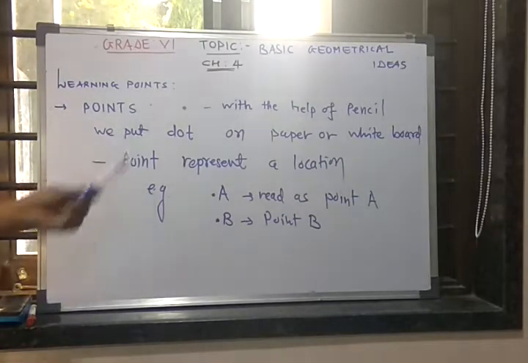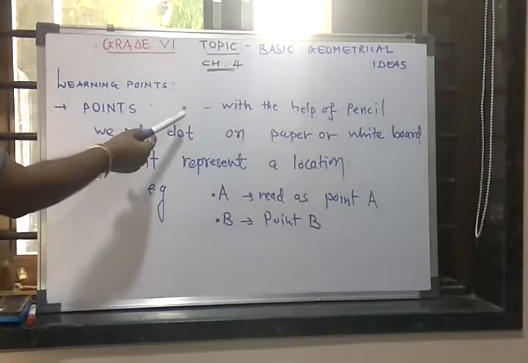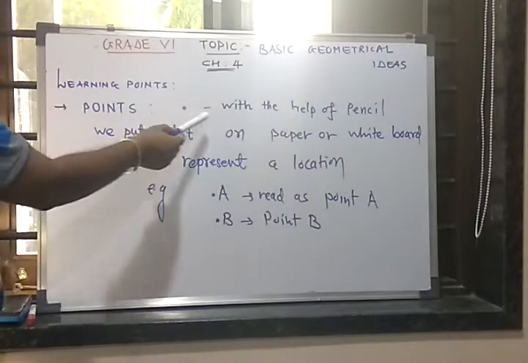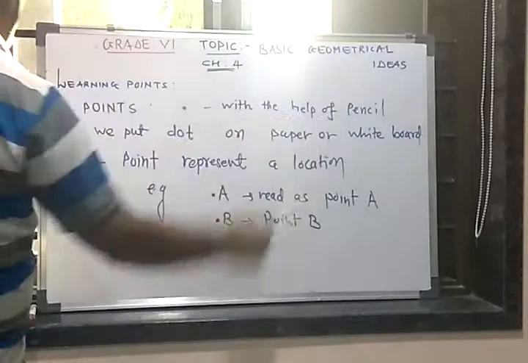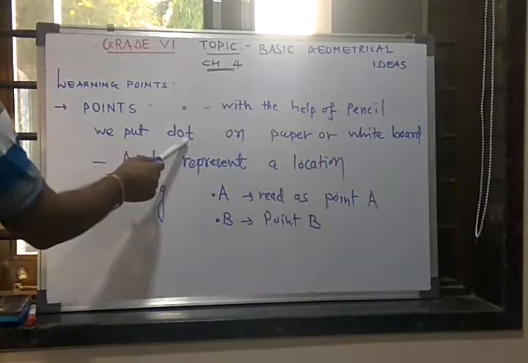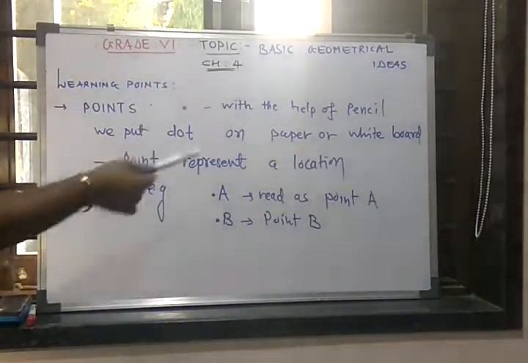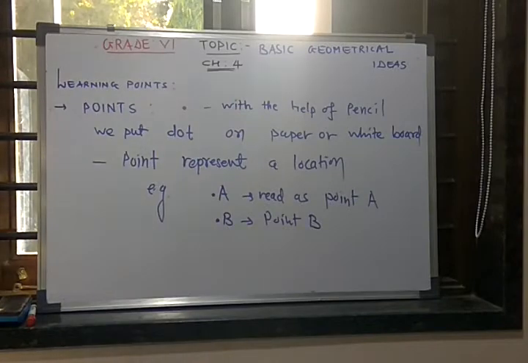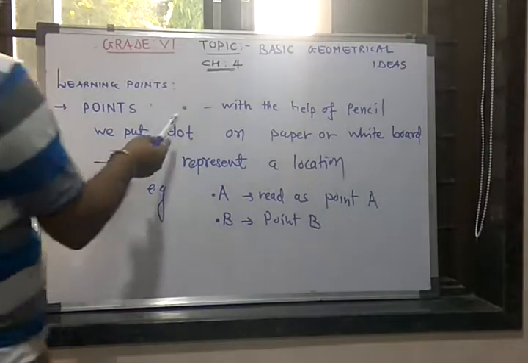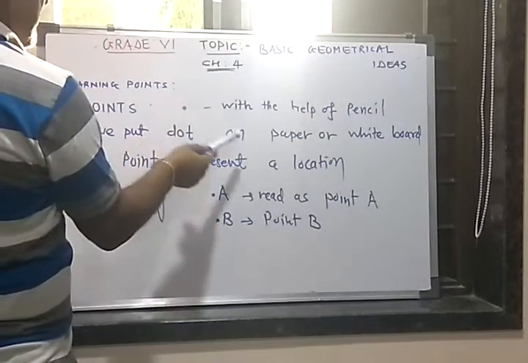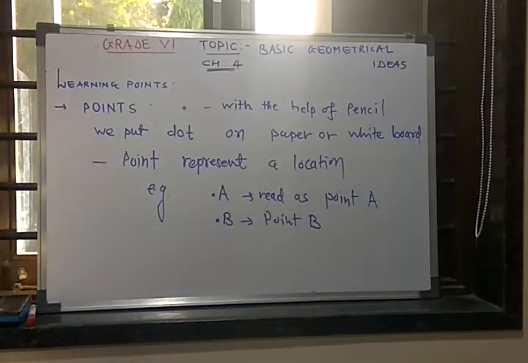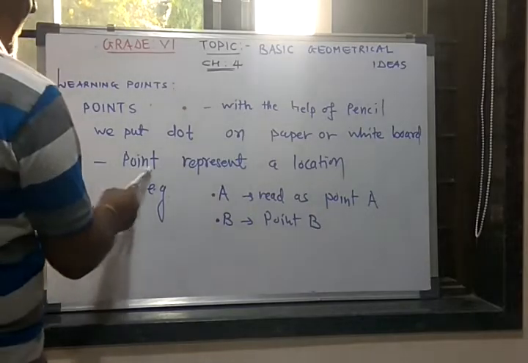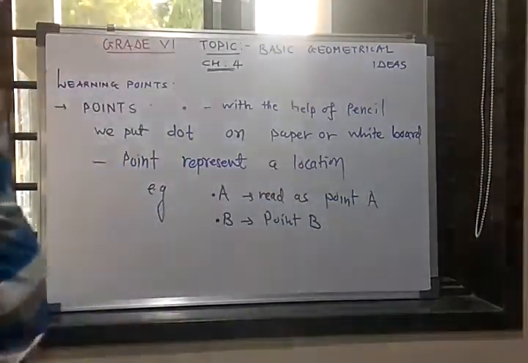Next point, points. With the help of a pencil, we put a dot on paper with a sharpened pencil, or here I put a dot on this whiteboard. So what does this point represent? This point represents a location.